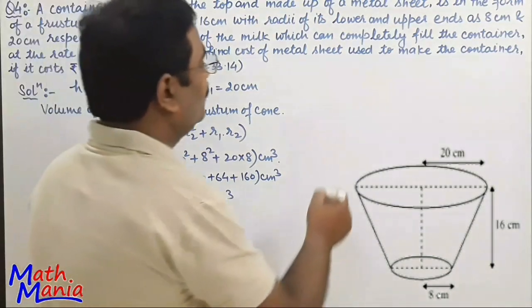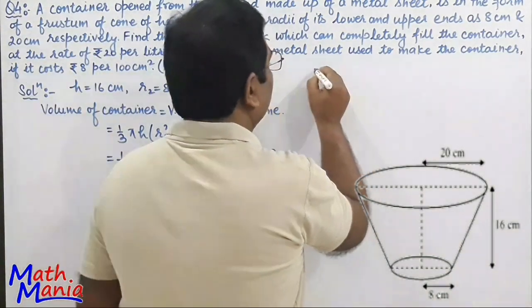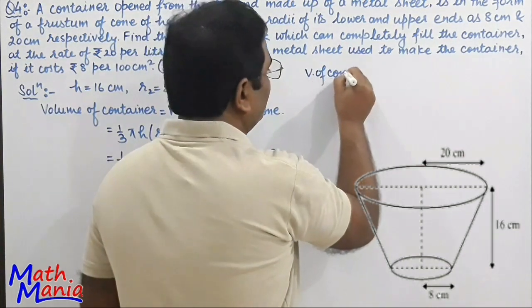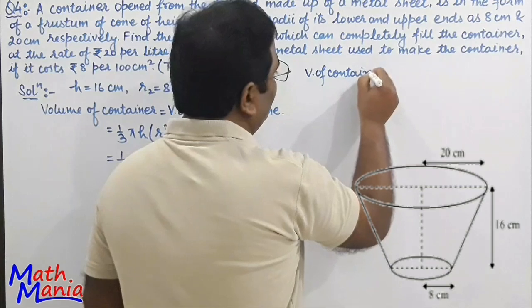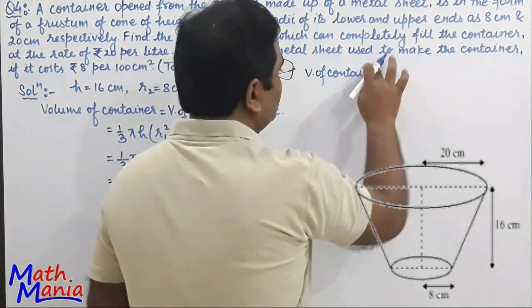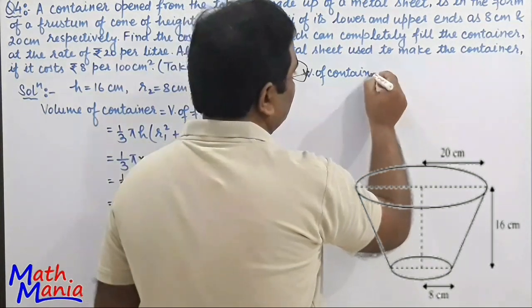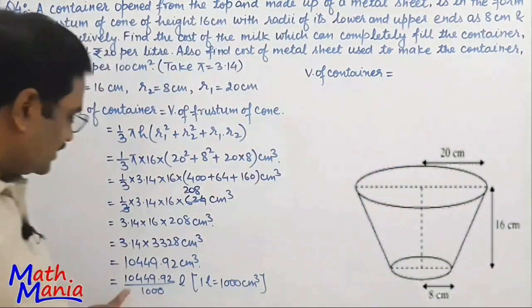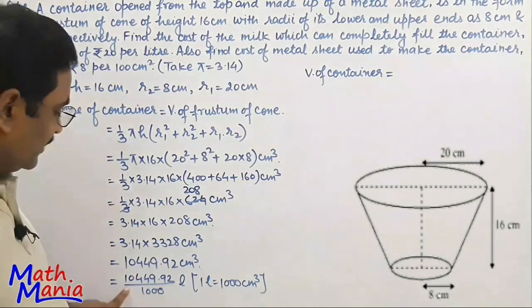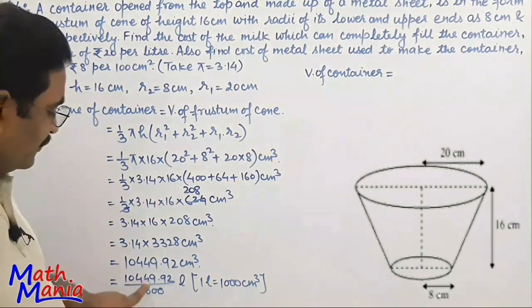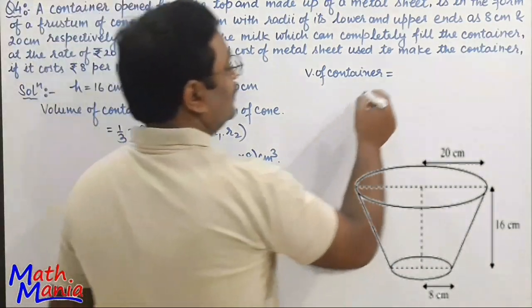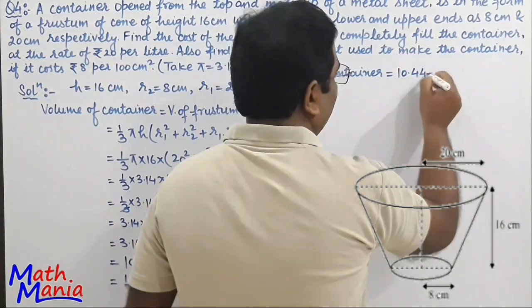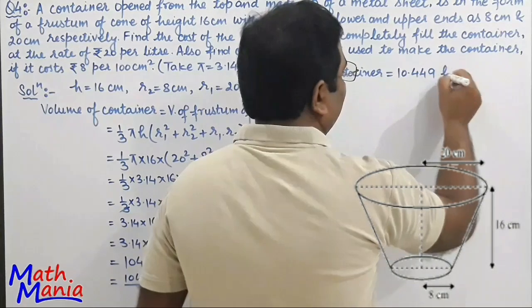Therefore the volume of the container is, when this number is divided by 1000, it can be written as 10.449 liter.